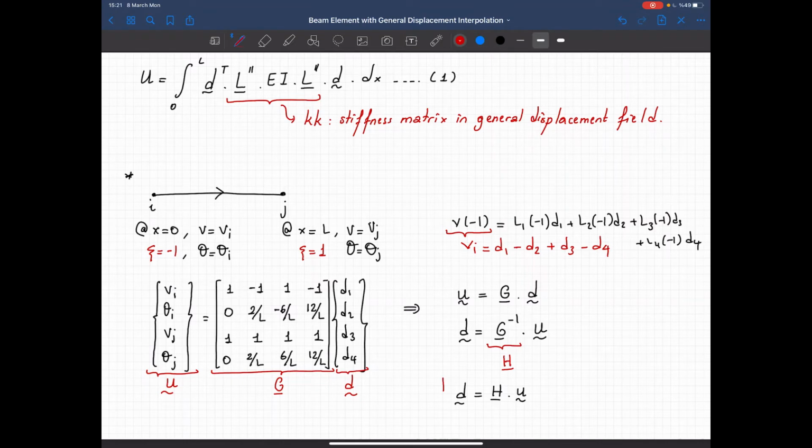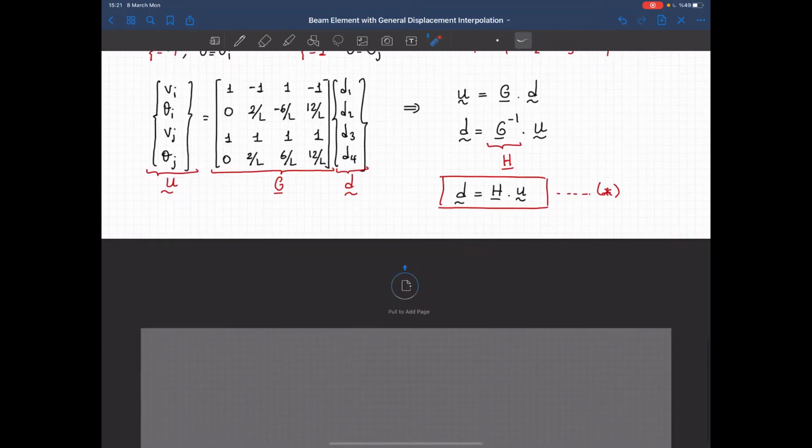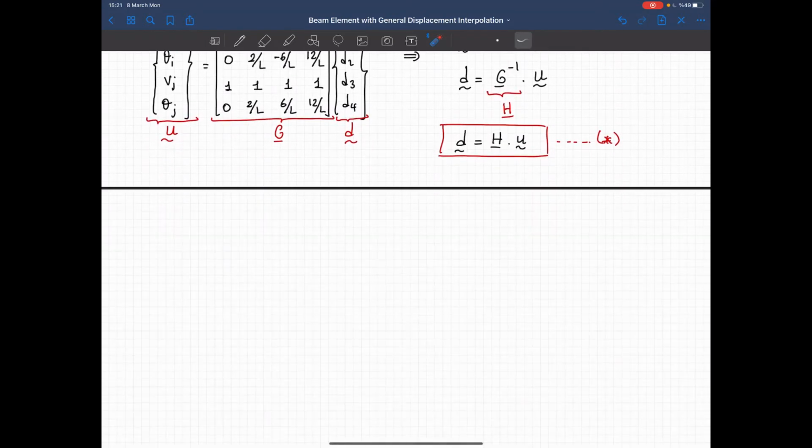So let's call this one equation star, and remember that I have written this stiffness matrix equation in terms of D. Now if I put this equation into equation 1, I will obtain the element stiffness equation for the nodal displacements. So let's do that.